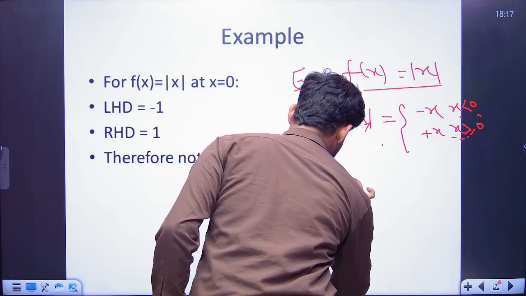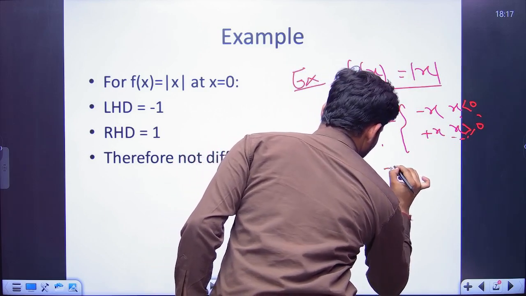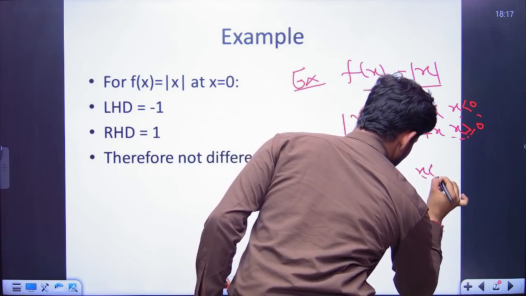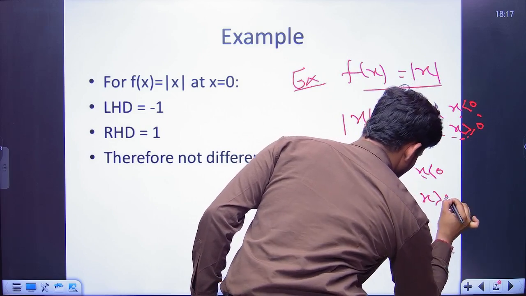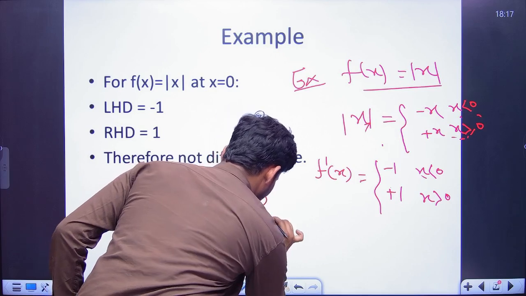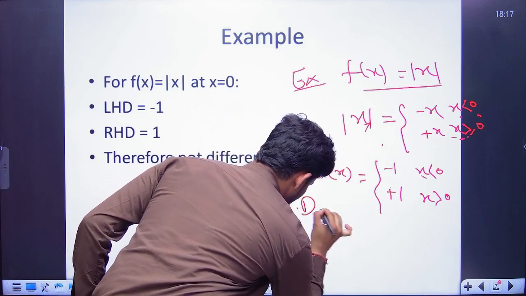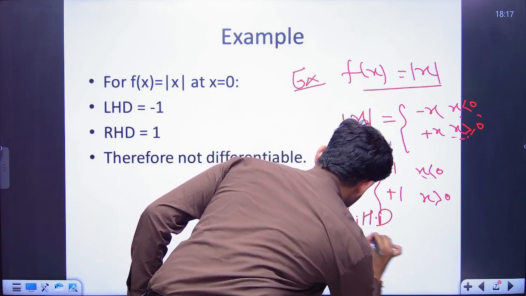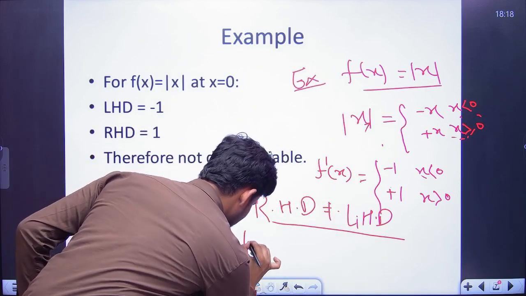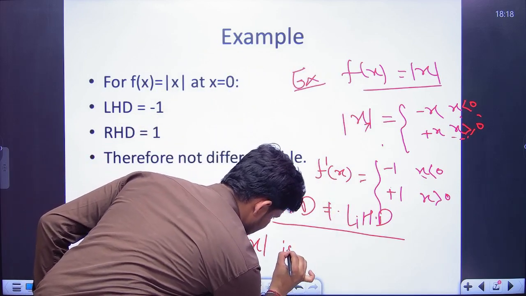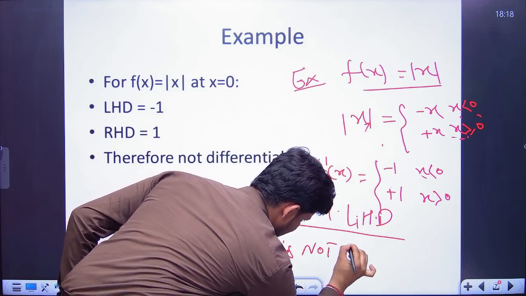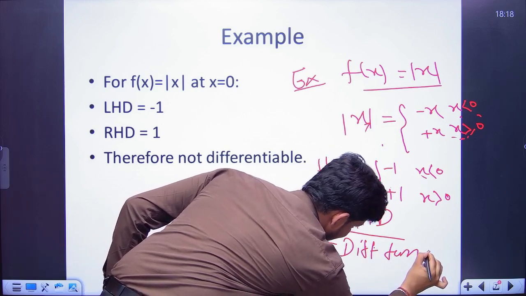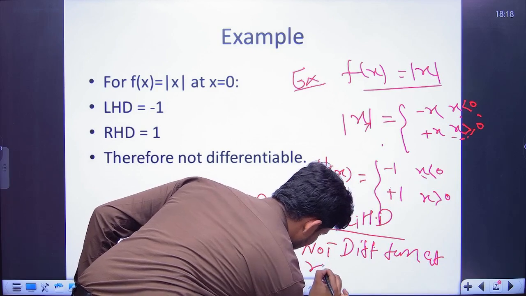F dash x equal to minus 1 when x is less than 0, and plus 1 when x is greater than 0. That means the right hand derivative is not equal to the left hand derivative. So mod x is not a differentiable function at x equal to 0.